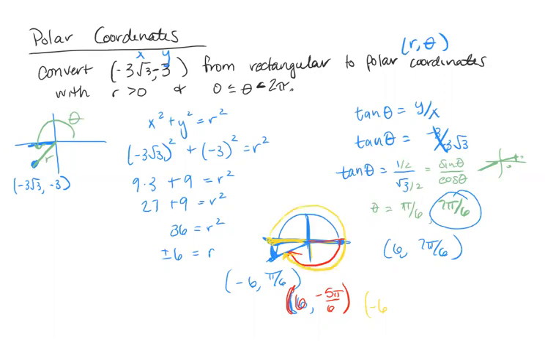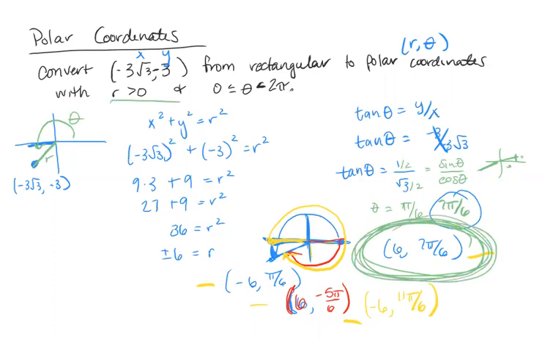You're short a full rotation by 1 pi over 6, so that would be 11 pi over 6. So there are 1, 2, 3, 4 ways to represent that on just one rotation of the unit circle. But this is the answer that we are looking for, 6, 7 pi over 6, because we were told to have r greater than 0 and theta between 0 and 2 pi.